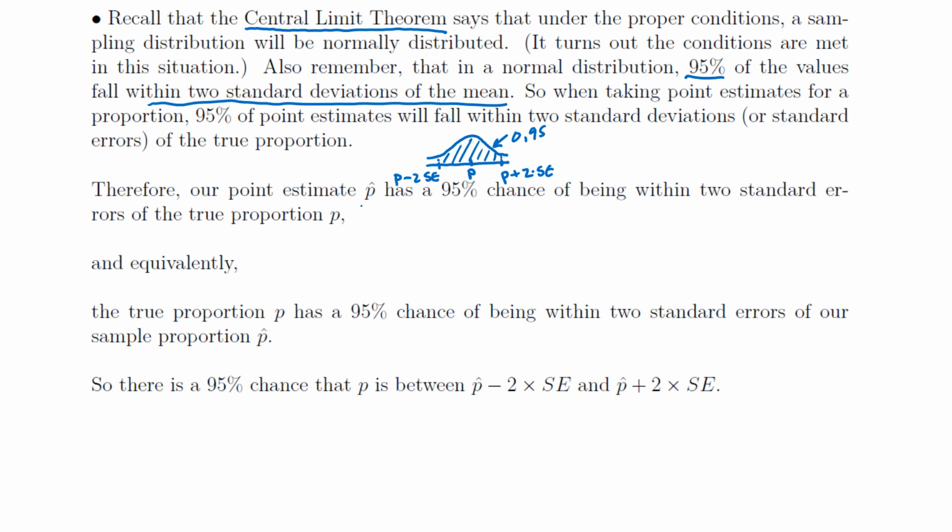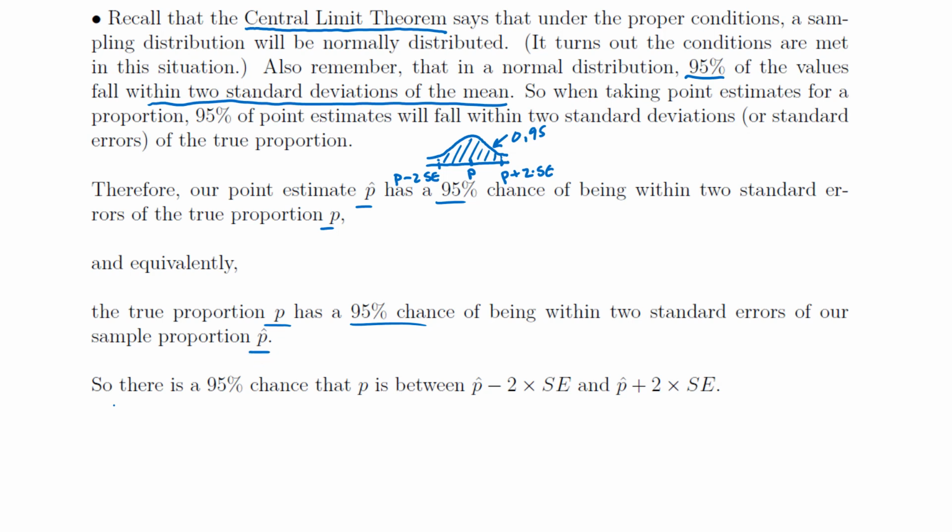So what we'd say is that our point estimate has a 95% chance of being within 2 standard errors of the true proportion. But if that's true, I can also just kind of reorder the sentence to say that the true proportion P has a 95% chance of being within 2 standard errors of the sample proportion.